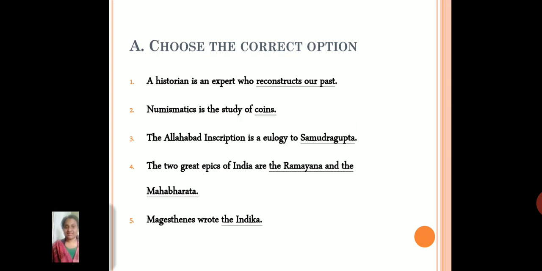Of these, our answer is the first option. Okay, so how are we going to write it in the blank? We are going to tick it in the box, the first box, and write the answer. The Allahabad inscription is a eulogy to Samudragupta. So your answer is Samudragupta. What are you supposed to write in the textbook? You're supposed to write Samudragupta.